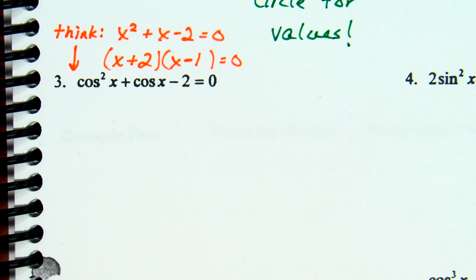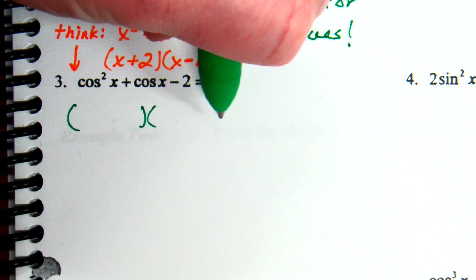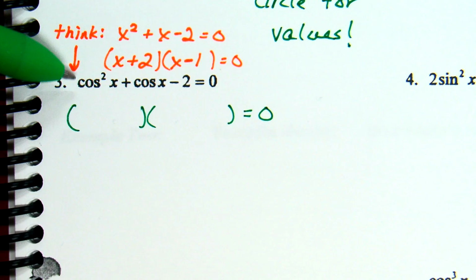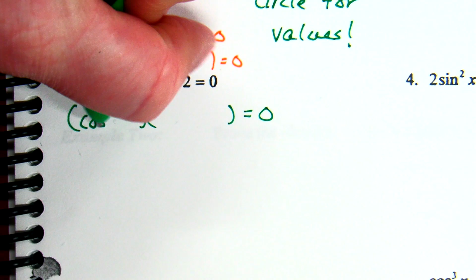So instead of saying x plus 2 and x minus 1, we are going to think 2 parentheses. x squared broke into x times x. Cosine squared x is going to break into cosine x times cosine x. So the front of each parenthesis in this trig problem is going to be cosine x.